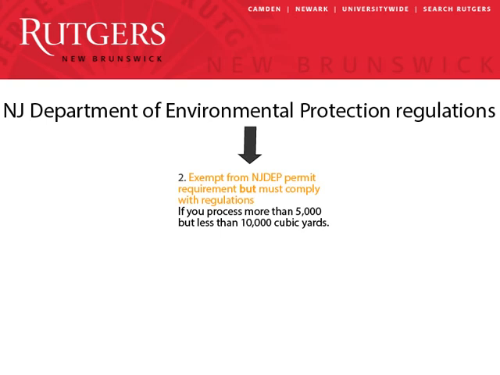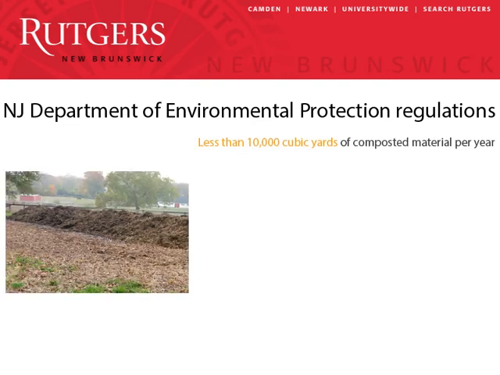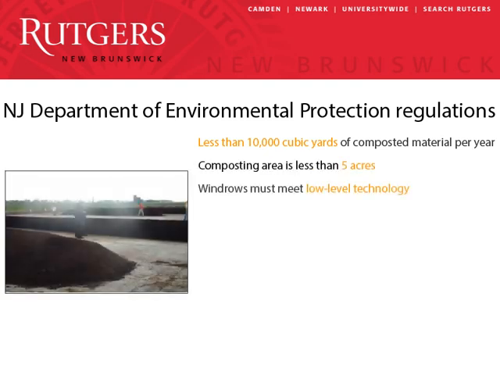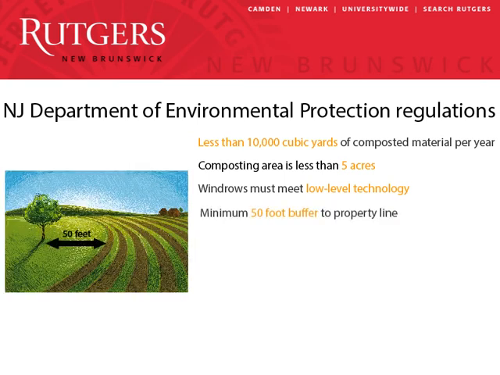For path number 2, composters are also exempt from NJDEP recycling facility permit requirements if they limit their material to no more than 10,000 cubic yards per year and the composting area is less than 5 acres. You must also use a low-level technology for windrows and have at least a 50-foot buffer to your property line.